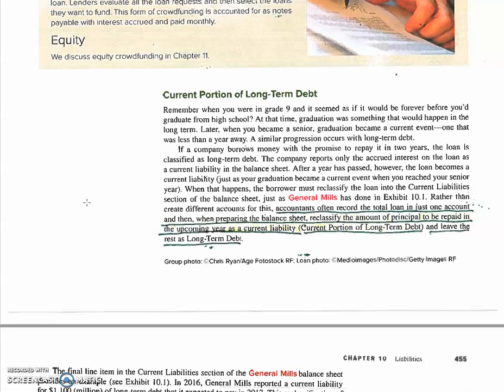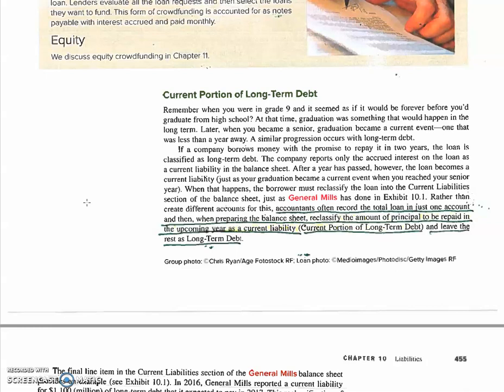Now, do you owe that interest for next year as of December 31st of this year? The answer is no. That interest accrues over the next year. So all we do is record as current portion of long-term debt the amount of principal we're required to pay in the next year. So let's say out of that $7,200, $6,000 of it is principal.